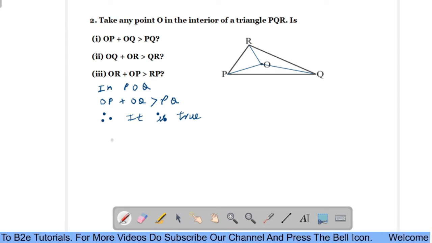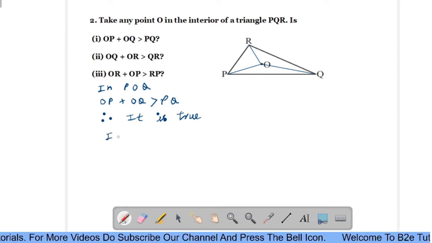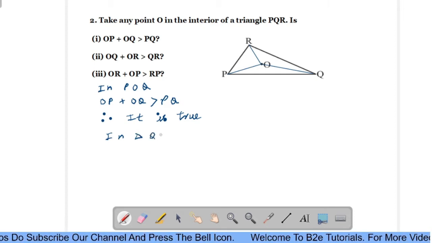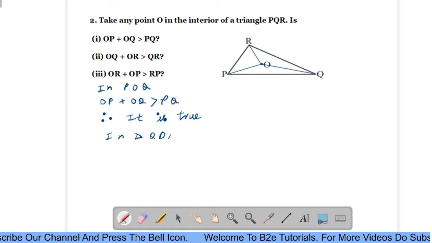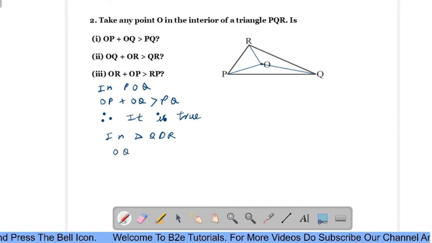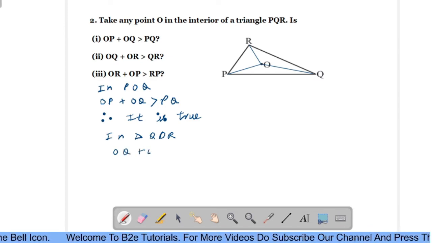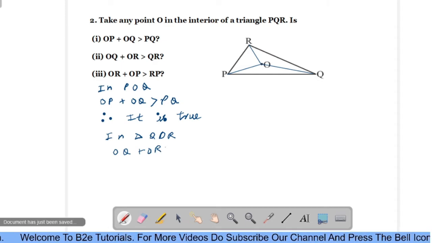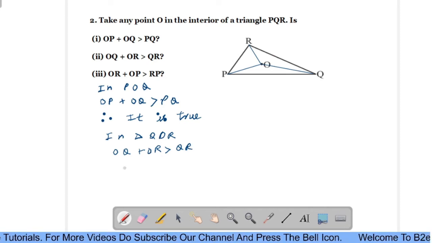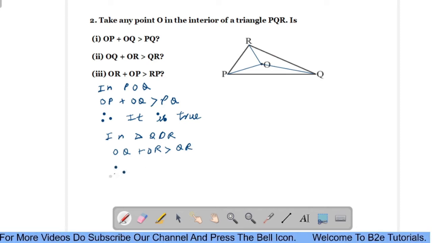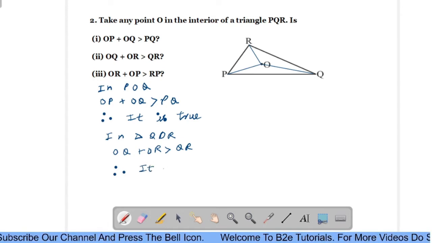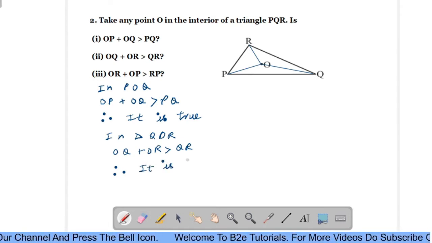Now come to second part. In triangle QOR, OQ plus OR is greater than QR. Therefore, it is true.